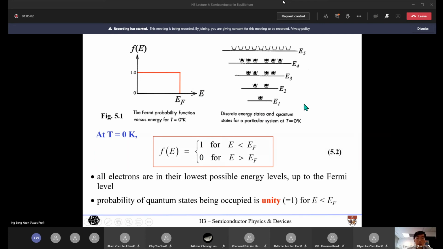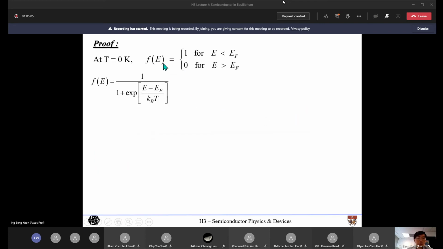So how do you get this 1 and 0? You can actually do the calculation yourself in the limiting case. I'm going to go through one of the cases, and the other one you can go and prove yourself. Let's consider a case where energy is less than EF. Notice that this exponential function is in the denominator of this reciprocal function. If E is less than EF, then the term in the exponential function will be negative, because if you subtract EF from E, you get a negative value.